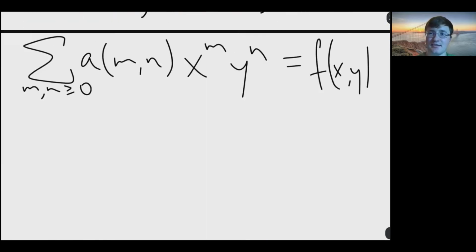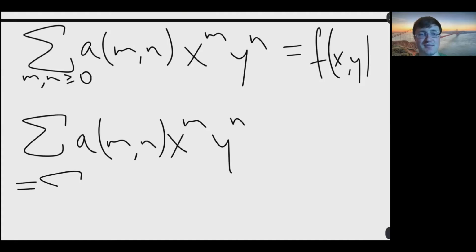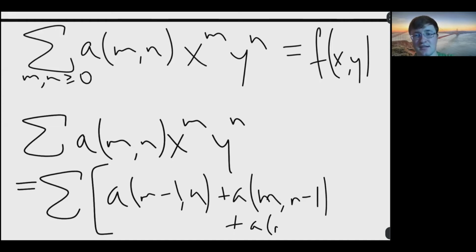I'm going to omit the bounds on the indices for now, just because it's a little annoying. So the sum of A(m,n) x to the m, y to the n is the same as the sum of A(m-1,n) plus A(m,n-1) plus A(m-1,n-1), all times x to the m, y to the n.